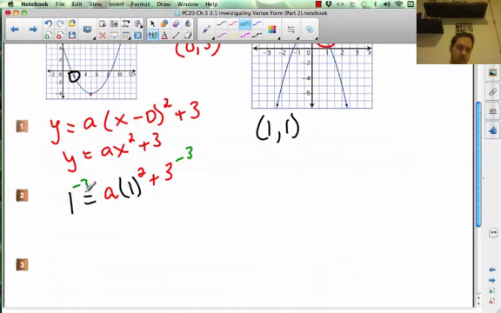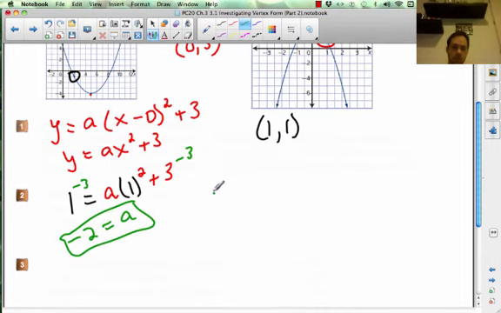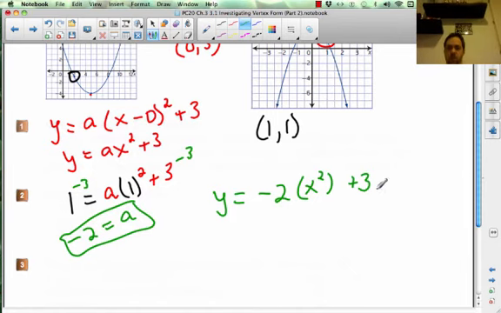Subtract 3, so this is negative 2 equals a times 1, which of course is just a, and there's our final a value, and of course our final equation is negative 2 x squared plus 3, and here we don't actually even need the brackets.